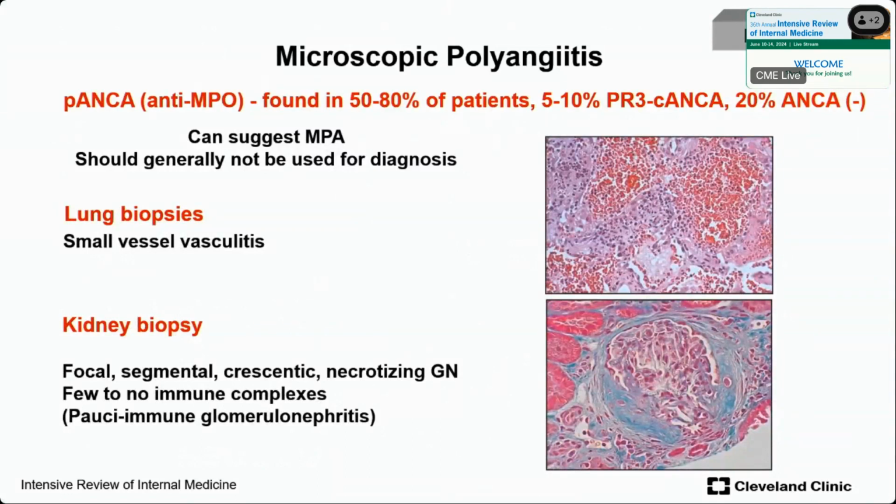And once again, this can suggest MPA, but alone should generally not be used for diagnosis. Lung biopsies will typically show small vessel vasculitis, such as capillaritis, and the renal lesion of microscopic polyangiitis is identical to that of granulomatosis with polyangiitis, being a pauci-immune glomerulonephritis.